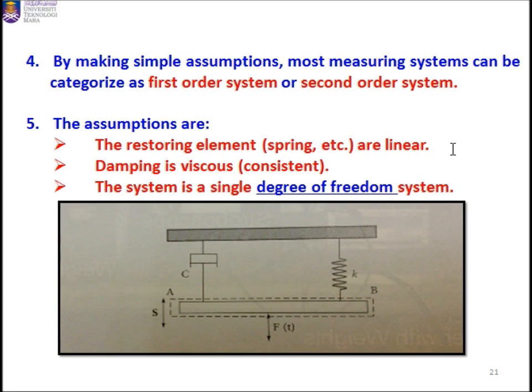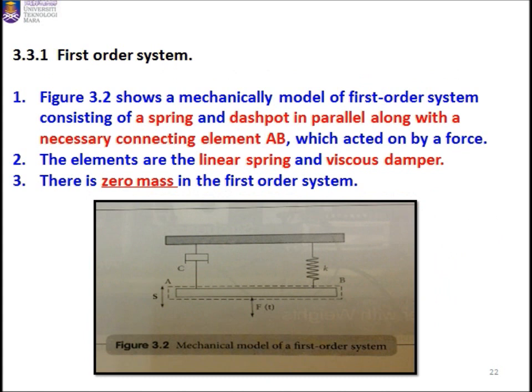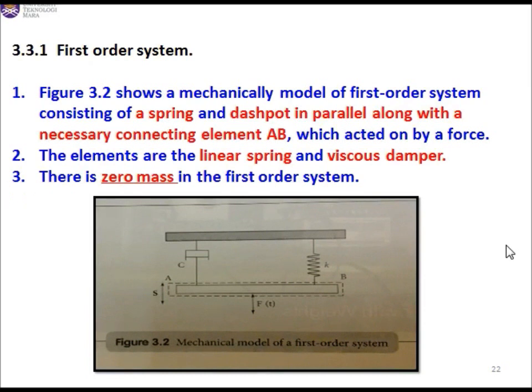By making simple assumptions, most measuring systems can be categorized as first order system or second order system. These are the assumptions that we made: the restoring elements are linear, damping is viscous, which is consistent, and the system is a single degree of freedom system.